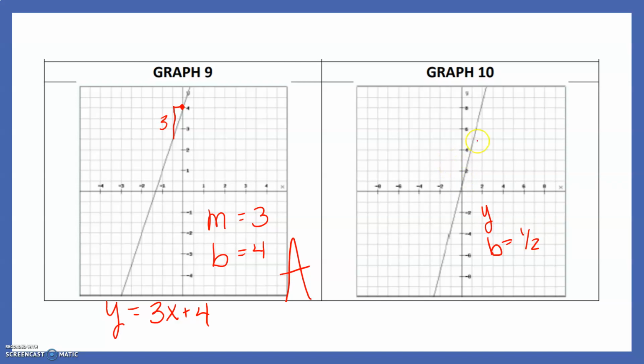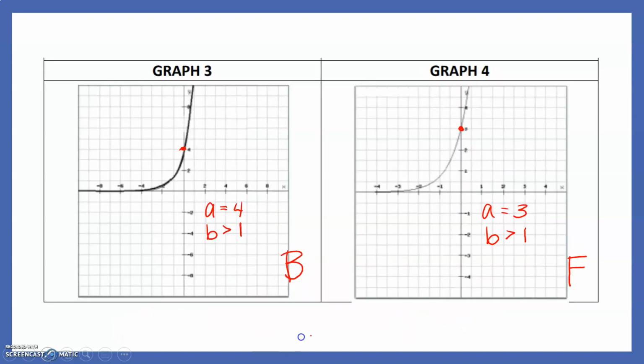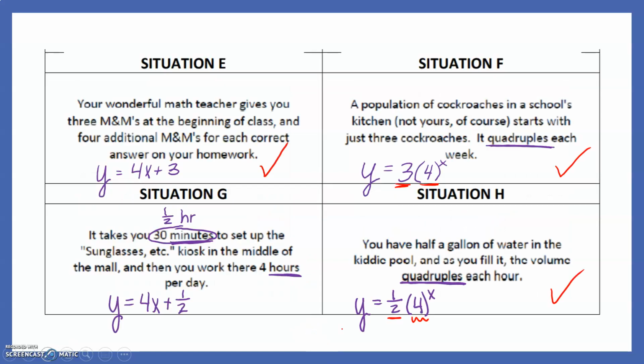Let's start at a pretty point. 1, 2, 3, 4, and 1. So my slope is 4, which will give me the equation y equals 4x plus 1/2. And that matches situation G.